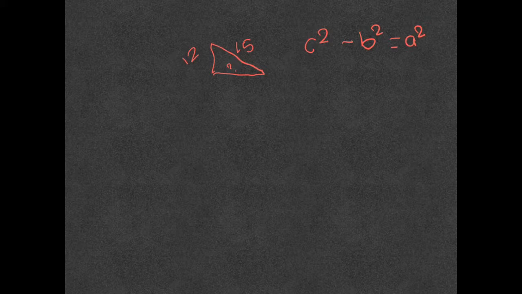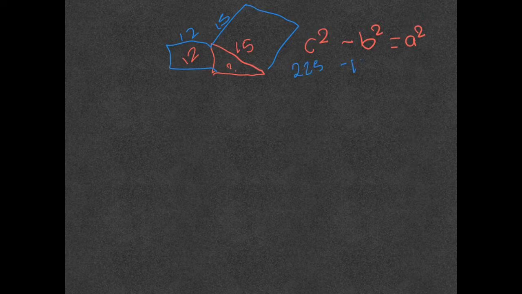So in this particular problem, first you need to do 15 times 15, and then you would need to do 12 times 12 in order to get the areas of both squares. So 15 times 15 would be 225, and 12 times 12 would be 144. And 225 minus 144 would be 81.